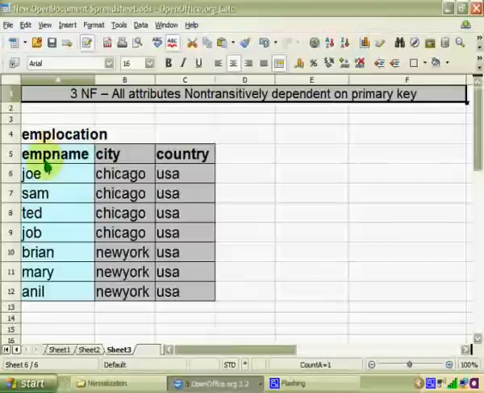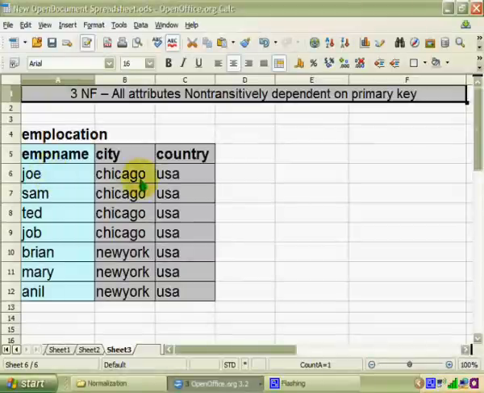Country is dependent on the emp name because country is dependent on Chicago. So we can say Joe belongs to USA because Joe belongs to Chicago. That is transitivity. So that's a transitive dependency, but the rule says that it should be non-transitively dependent.